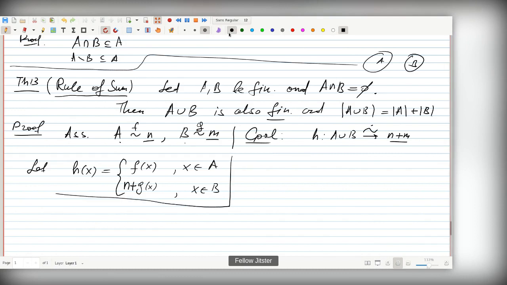What do we have? Clearly, for every x from A union B, this h of x is greater or equal than 0.